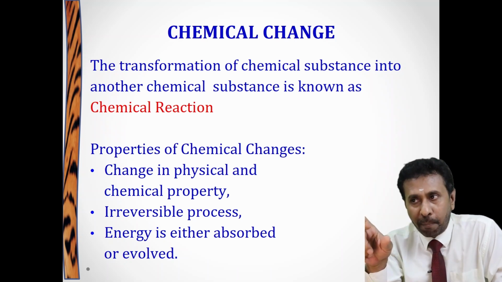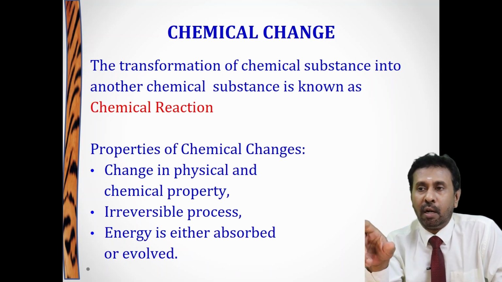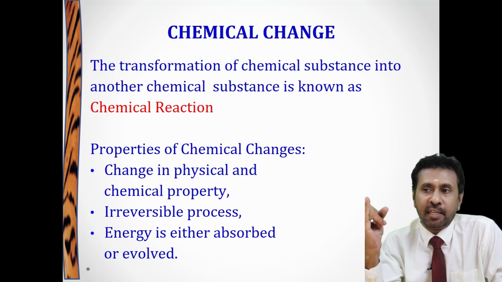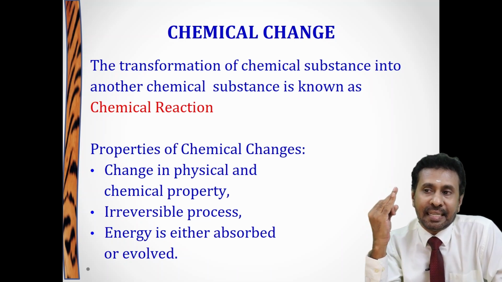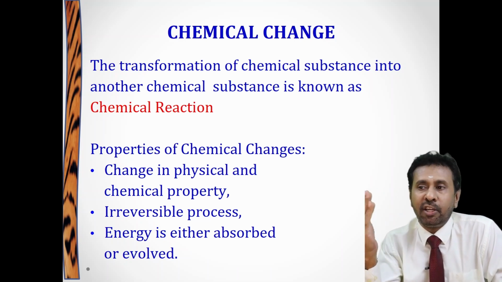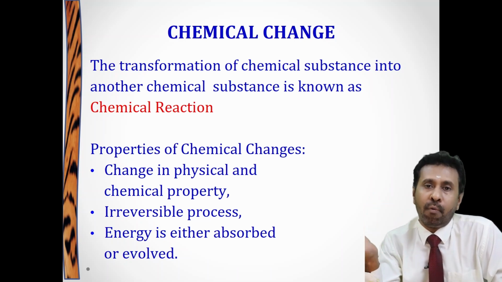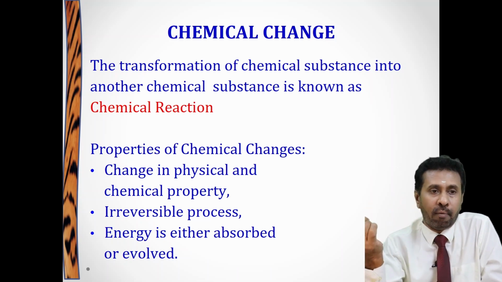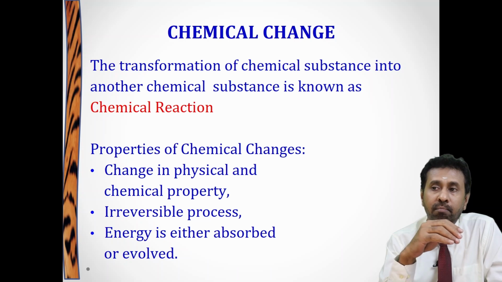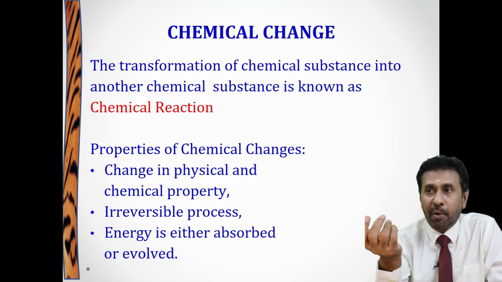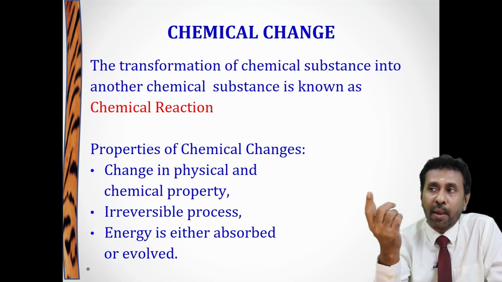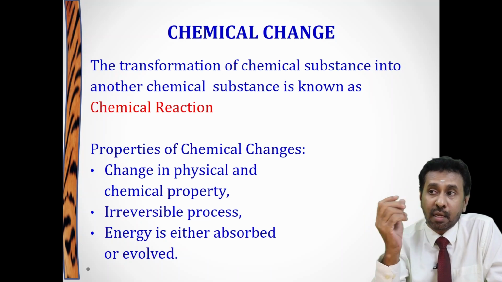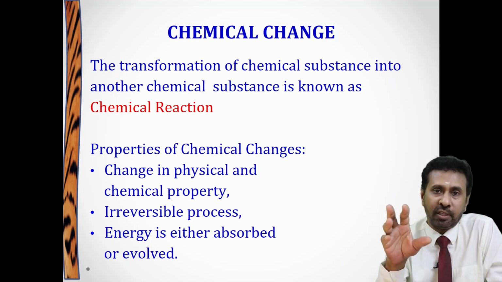These are the properties of chemical changes noted there: change in physical and chemical properties, it is an irreversible process, and energy is either absorbed or evolved. When energy is either absorbed or evolved, and when there is an irreversible property, we call it a chemical change. And the transformation of a chemical substance into another chemical substance is called a chemical reaction.